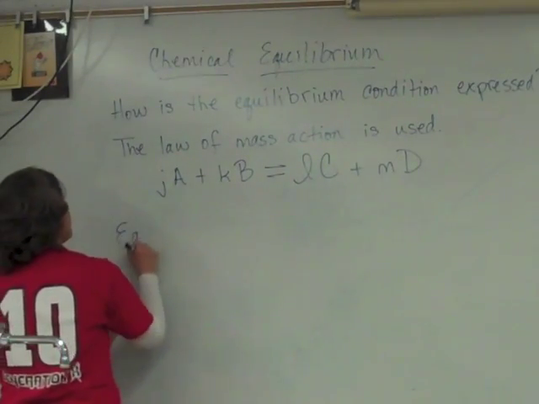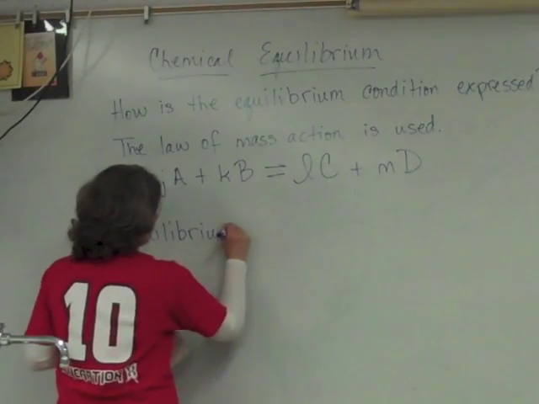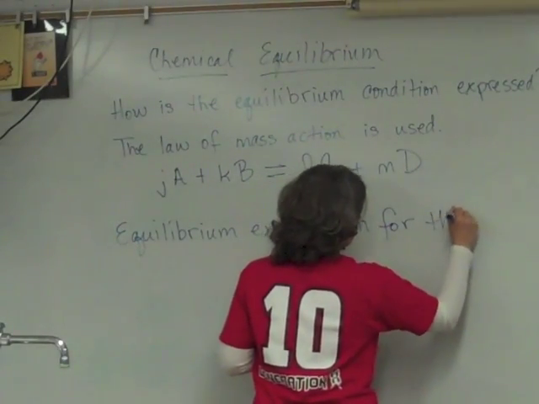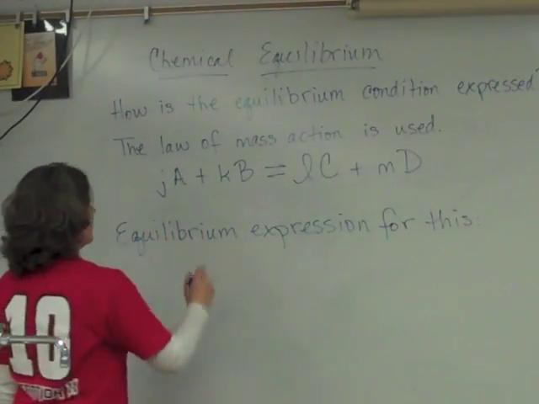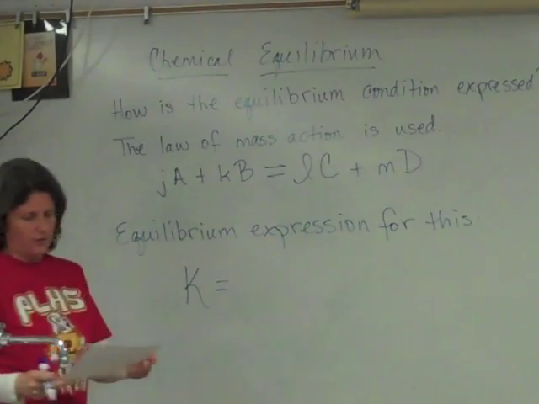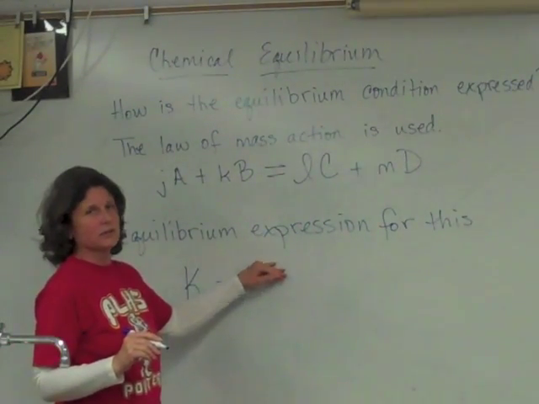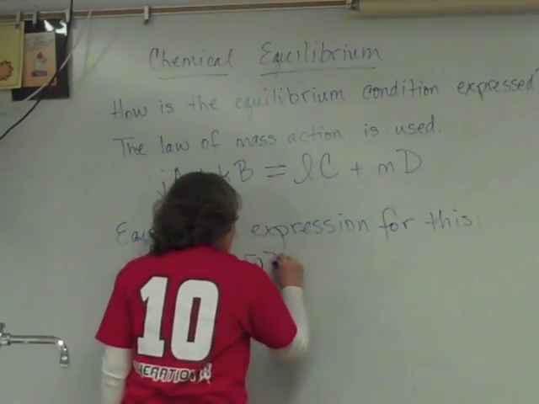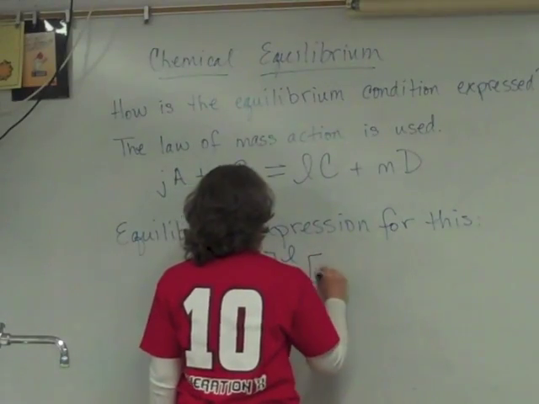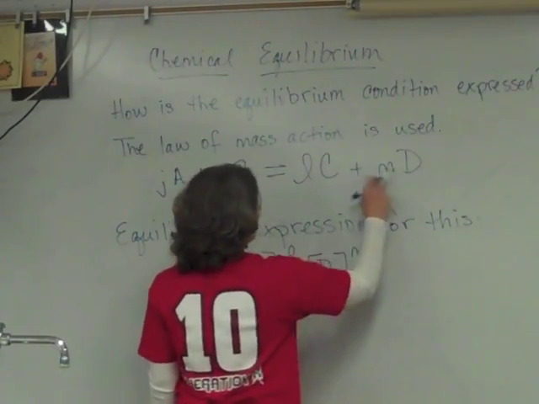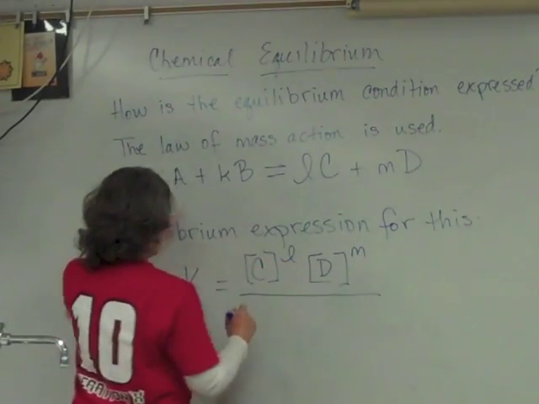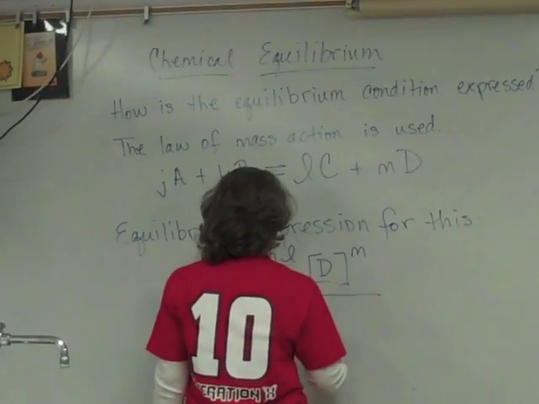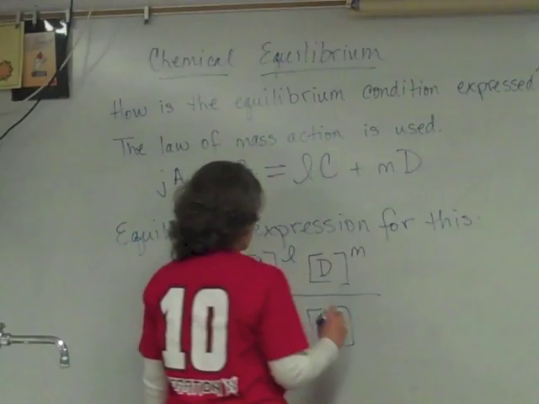The equilibrium expression for this is big K is equal to, we put products over reactants: C to the l power times D to the m power, over A to the j power times B to the k power.